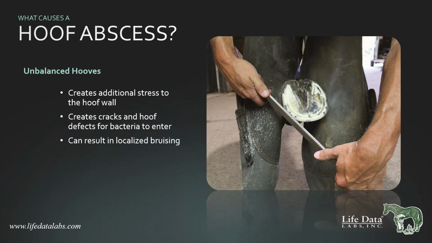Well, if it causes the wall to separate, as we talked about, we have now allowed that area to open up and predispose the horse to bacterial and or fungal infections as well. In that particular area, we cause excessive strain and deformation to the foot. So having balanced hooves and regular farrier care is very important to help ward off abscesses in your horse's feet as well.